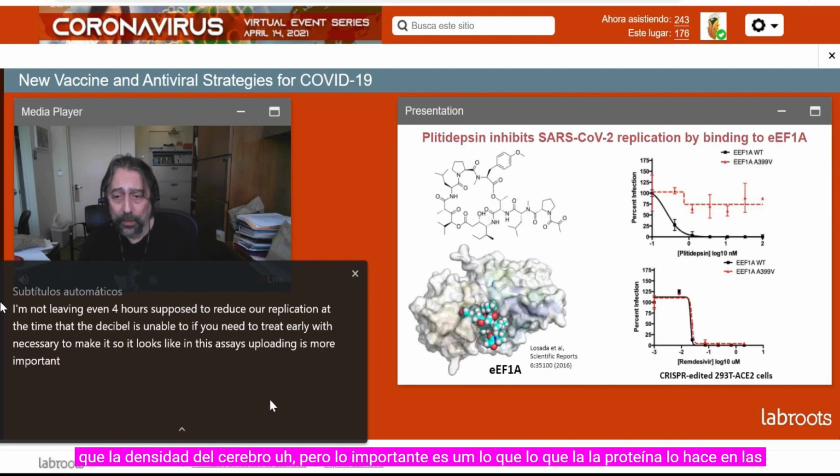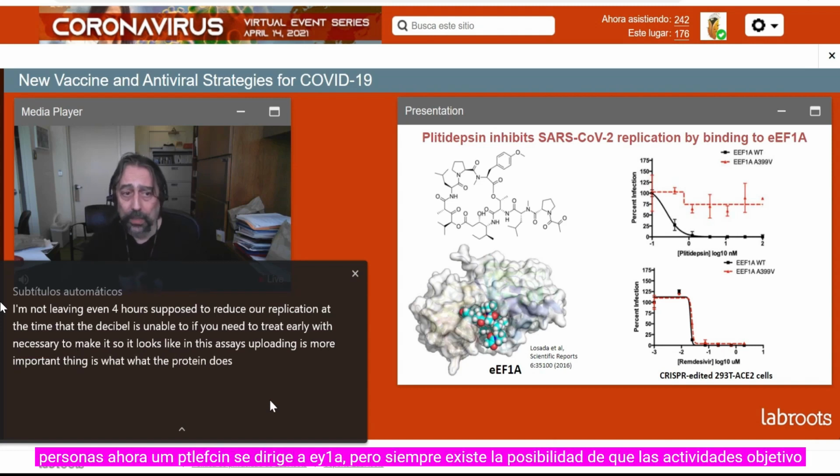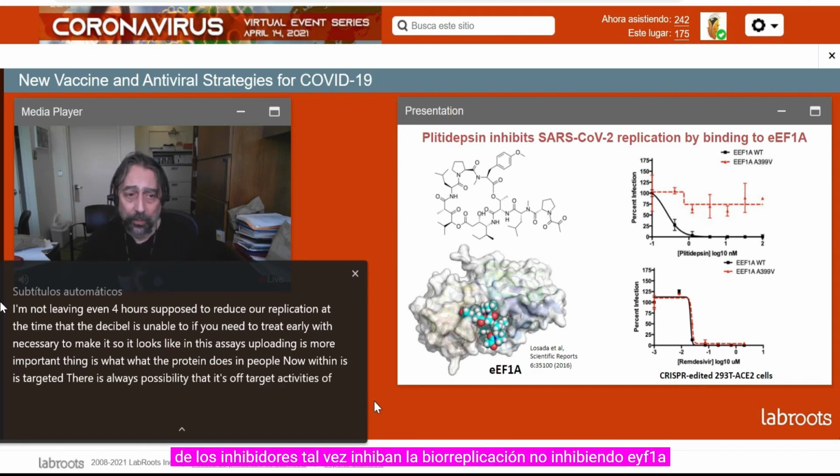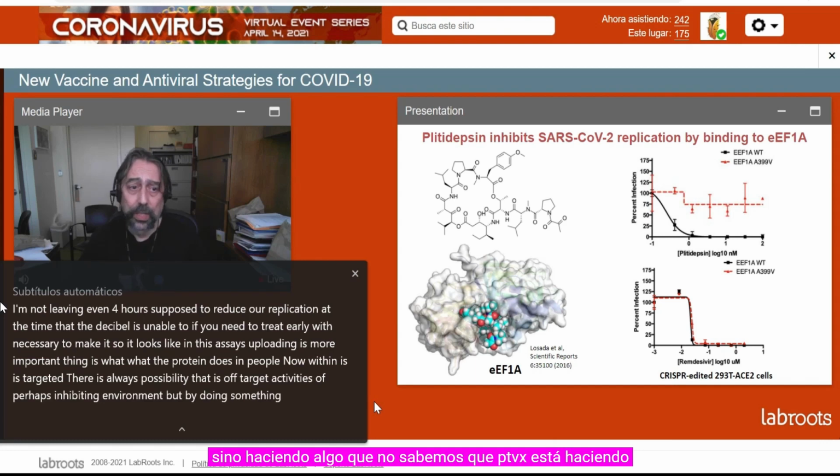But the important thing is what the protein does in vivo. Now, plitidepsin is targeting EEF1A, but there is always the possibility of off-target activities of inhibitors, perhaps inhibiting viral replication not by inhibiting EEF1A, but by doing something that we don't know.